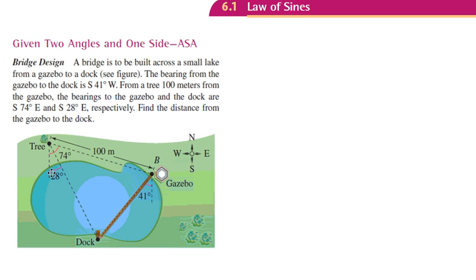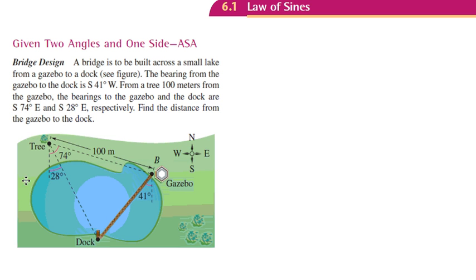And respectively just means it's referring first to the gazebo and then the dock, in that order, because the problem gave us gazebo, dock.